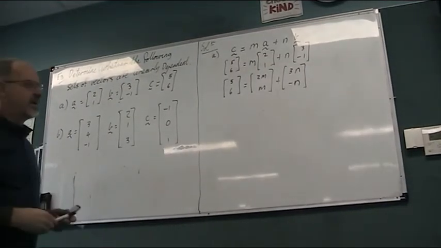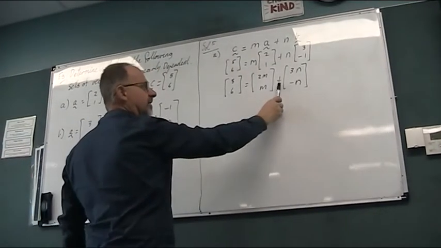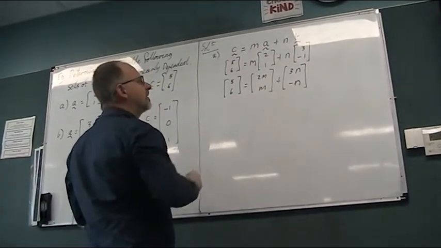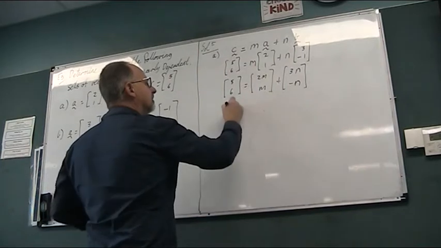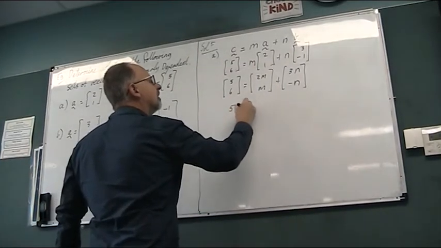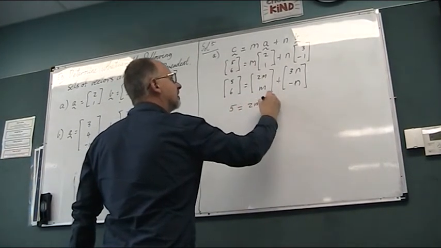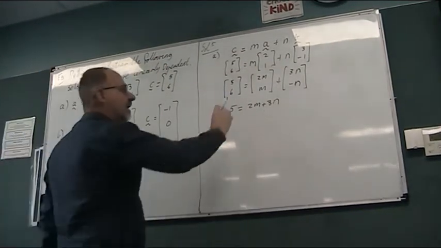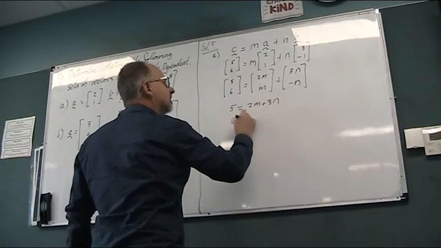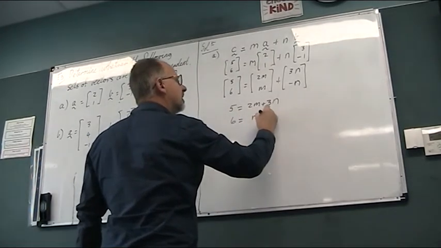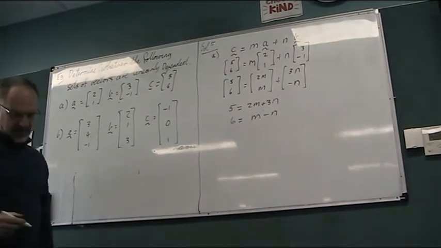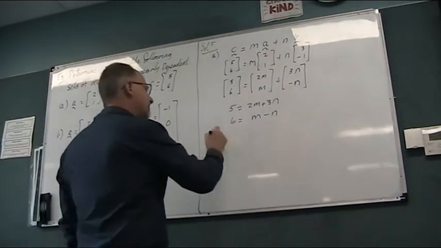And when we're adding, we just add the corresponding elements together. So from that we know that 2m plus 3n has got to be 5, and 6 has got to be m minus n. And then we solve simultaneously.